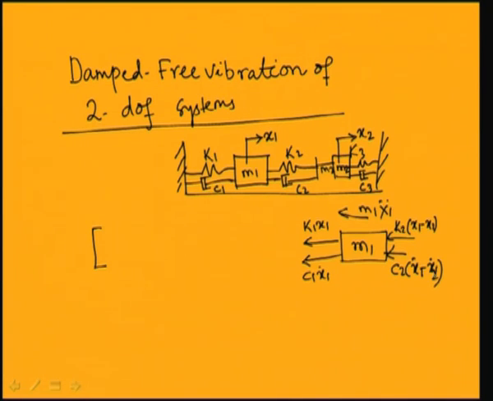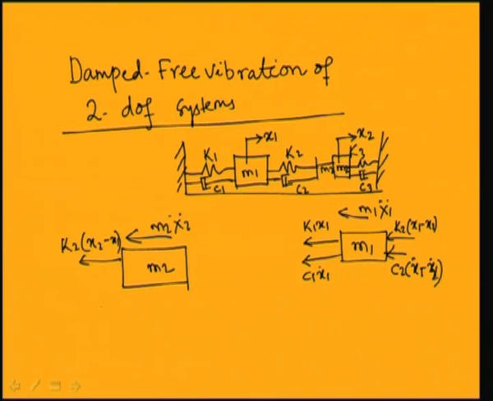Similarly, for mass 2 you can draw the free body diagram. This is mass m2, and this is x2. The inertia force m2 x2 double dot acts in this direction, the spring force is k2 into x2 minus x1, and the damping force is c2 into x2 dot minus x1 dot.